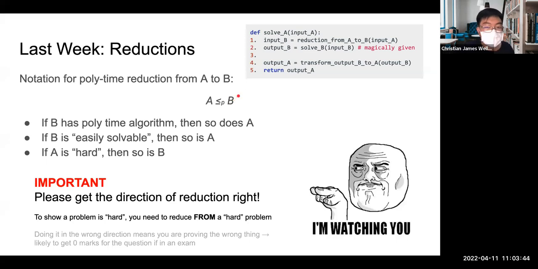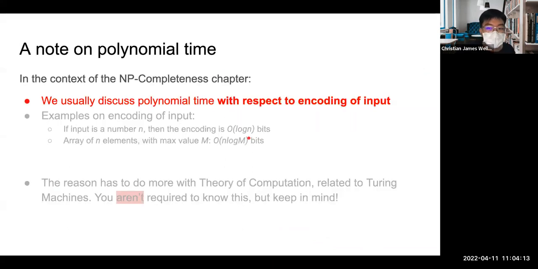More specifically, B is at least as hard as A. The way I like to remember it is I look at the sign of this inequality: B is greater than A, but greater than in terms of hardness. B is at least as hard as A, greater than or equal to. Again, we discussed polynomial time with respect to the encoding of input, but this is just something to keep in mind. Not super important, but keep it in mind regardless.